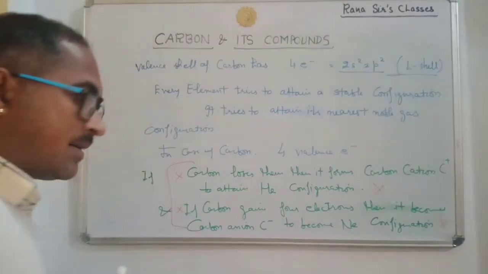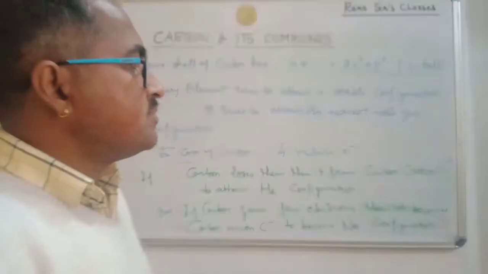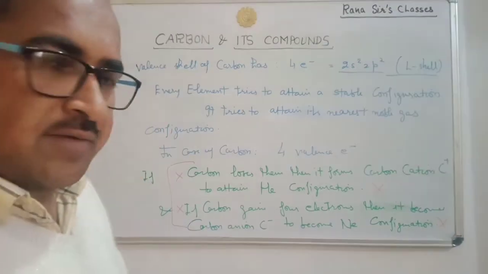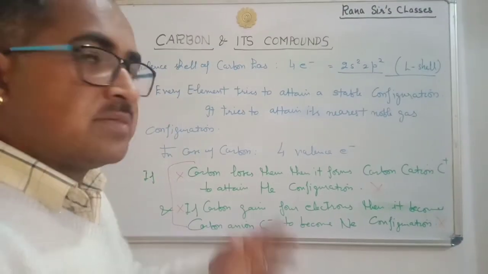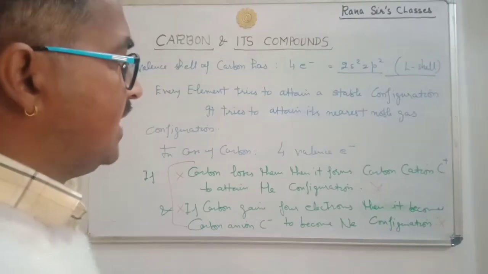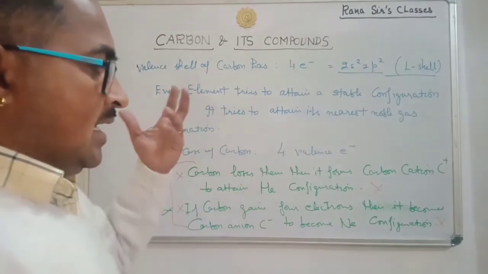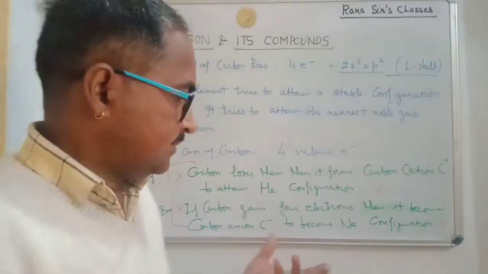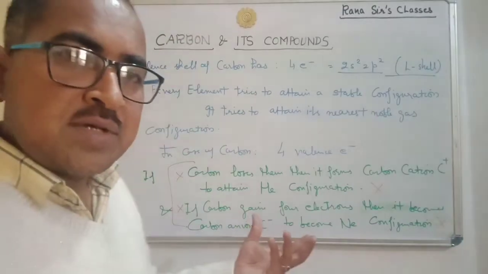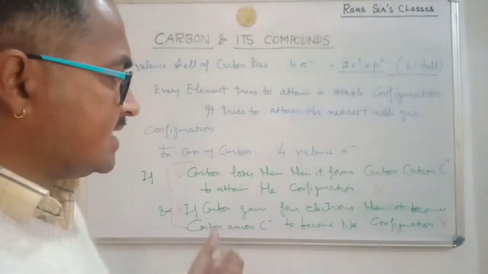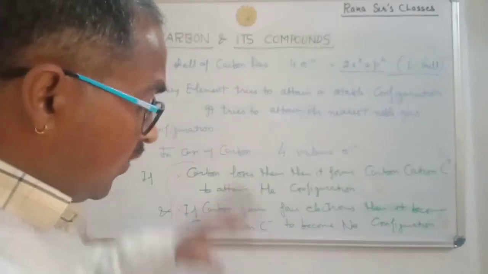So when carbon forms compounds and forms bonds with other elements, it never loses or gains electrons. Then what does it do?